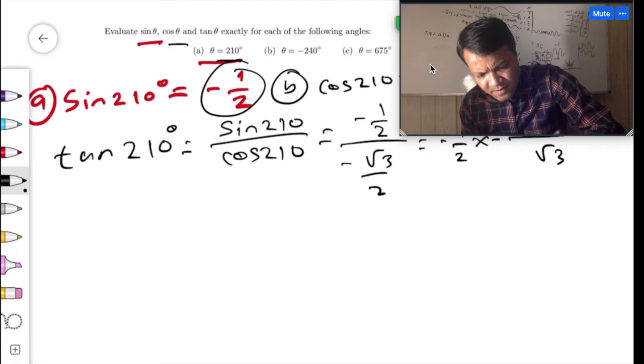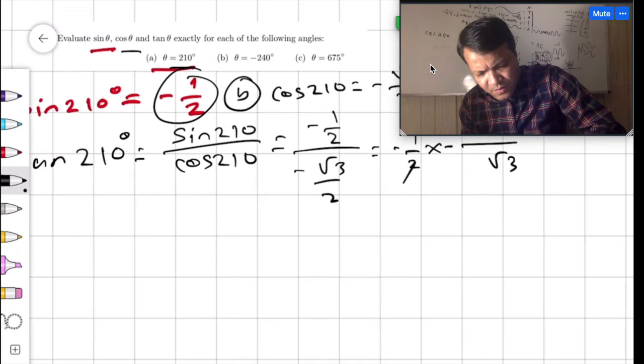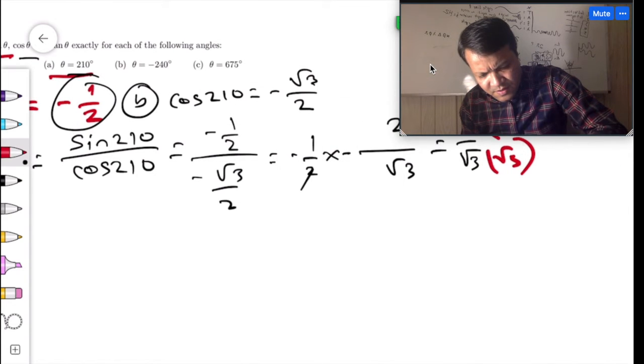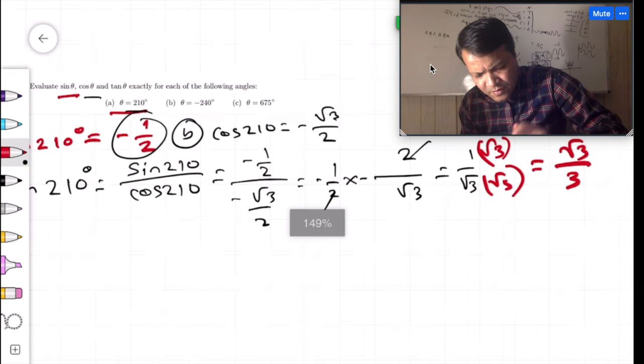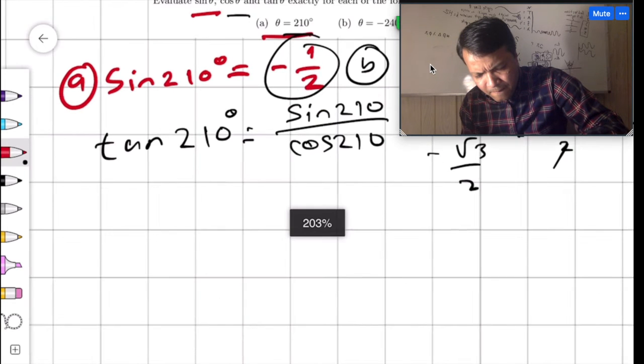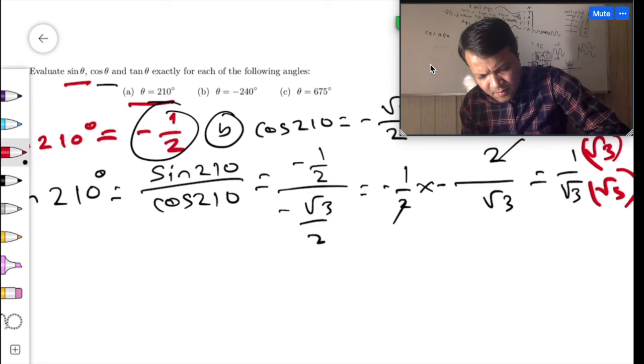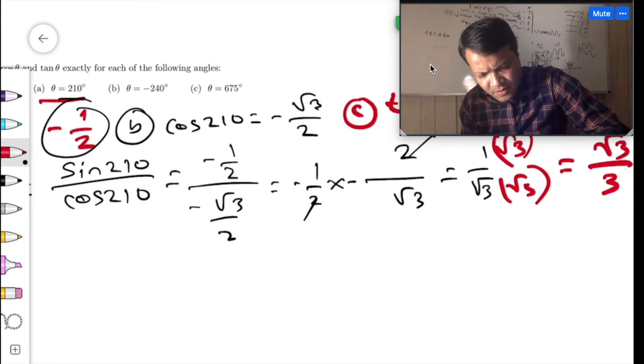The negatives cancel, the 2s cancel, so 1 over square root of 3. Rationalize it: square root of 3 over 3. So tangent 210 is square root of 3 over 3.